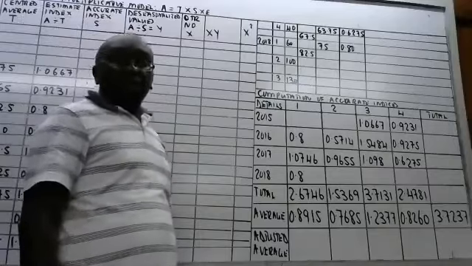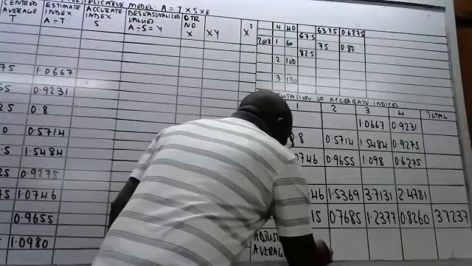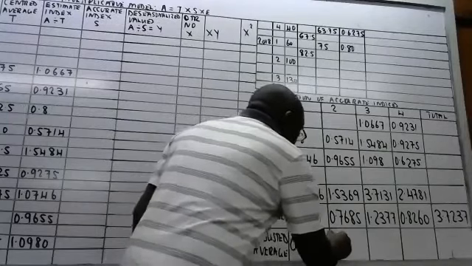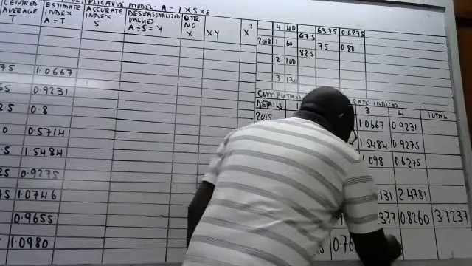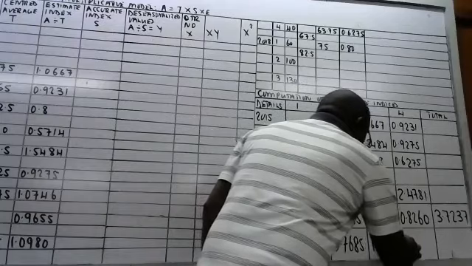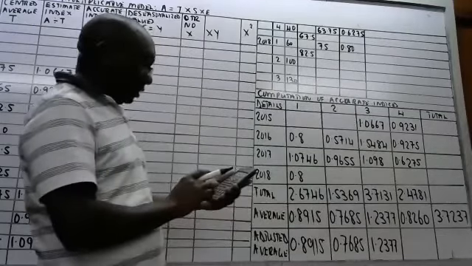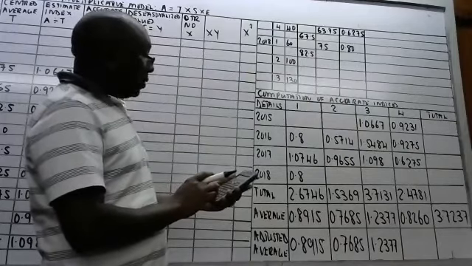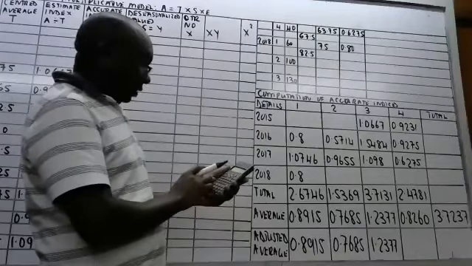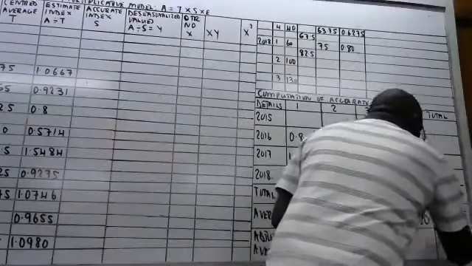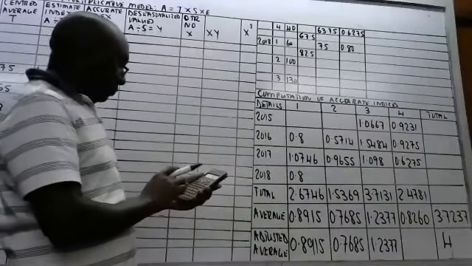And I told you the easiest way to adjust is you retain the first 3. You retain the first 3, 0.8915, 0.7685, 1.2377. Then you ask yourself, the last one must be what? So it is because we want them to be equal to 4. We want them to be equal to 4.